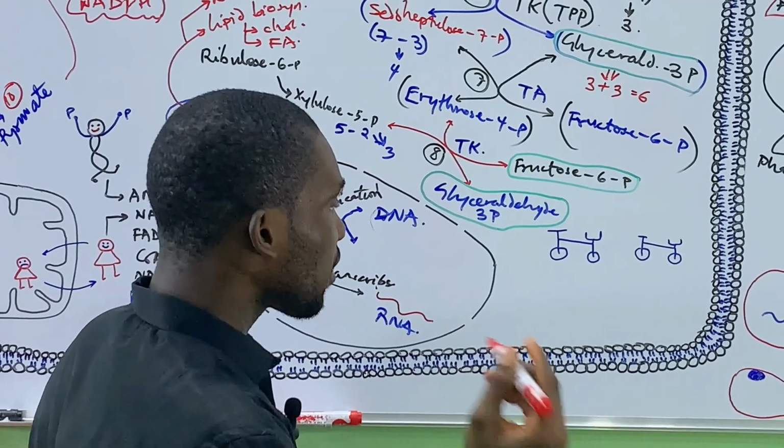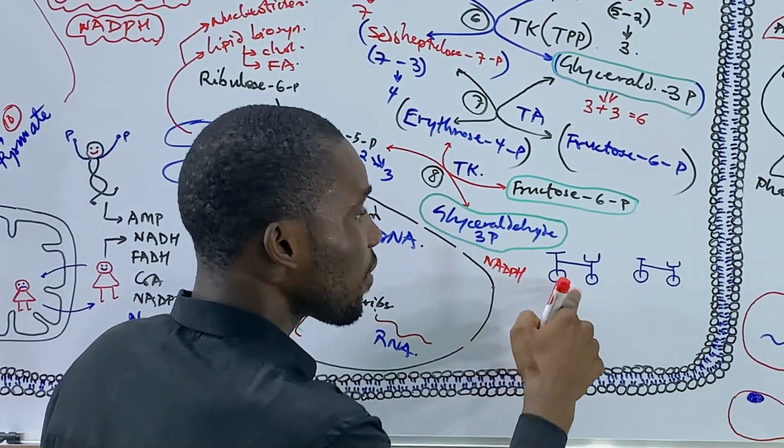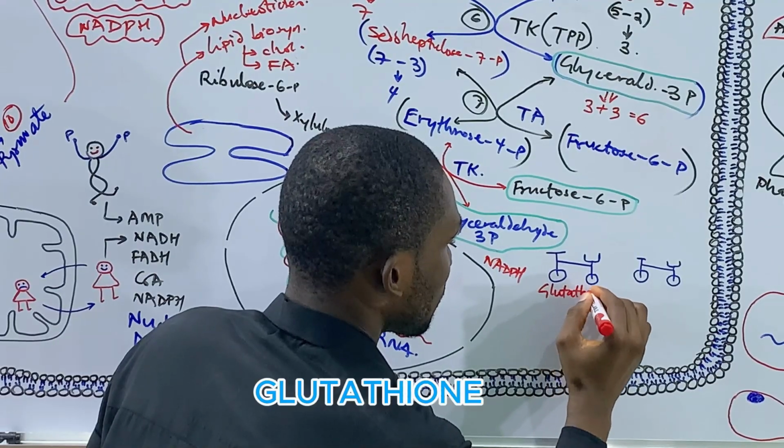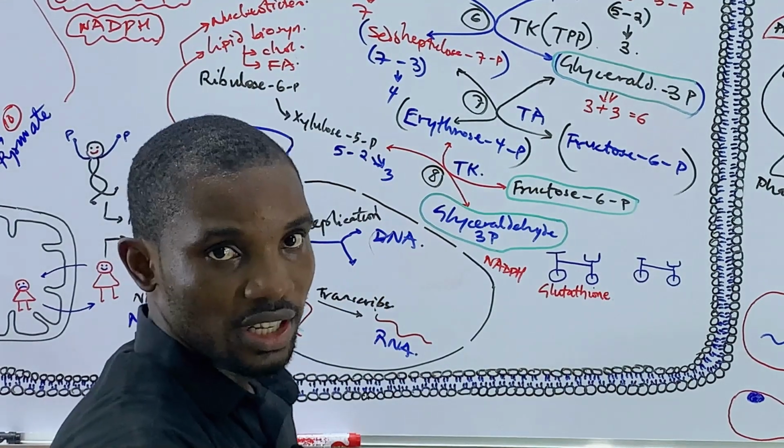So one other function of NADPH is that it is required for the reduction of glutathione. Glutathione destroys free radicals normally.